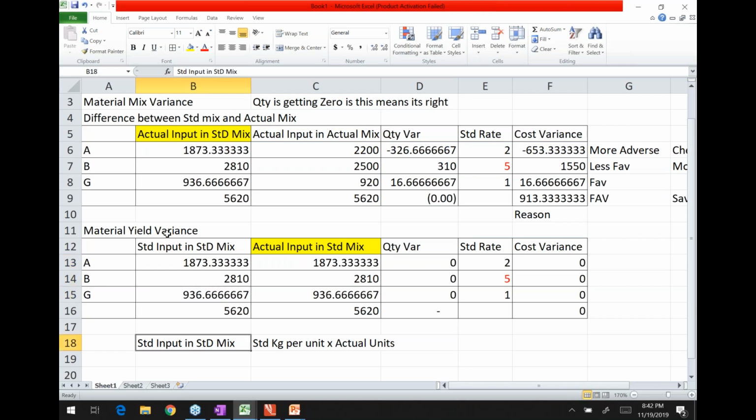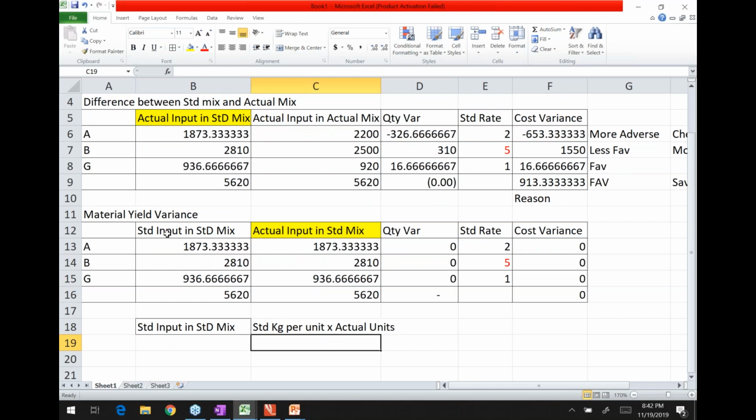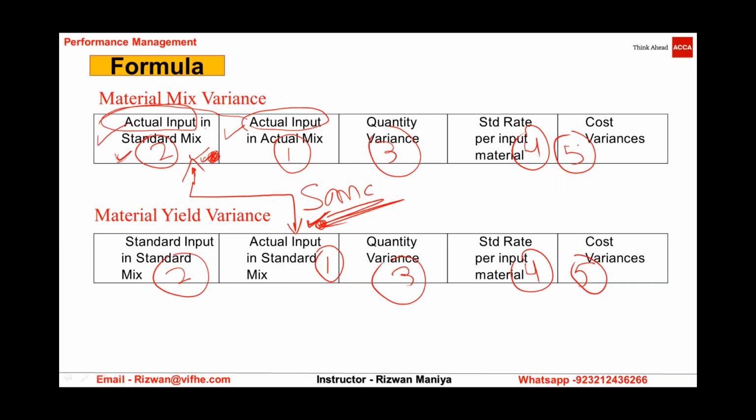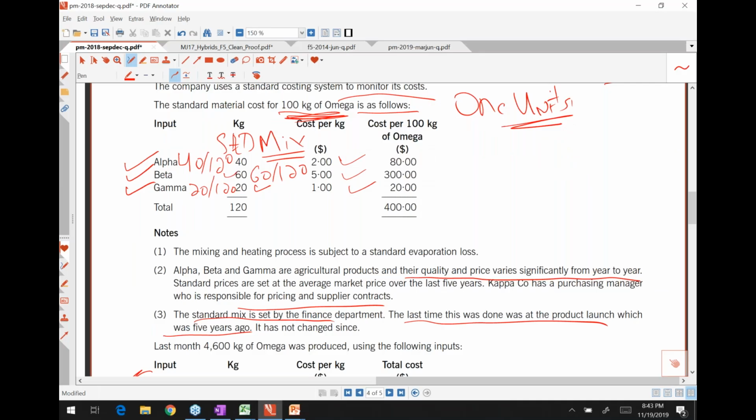Now for that I need standard kg per unit. Do I have that? Yes, I do. You can see here, let me rub these things and make this clear. These are the standard kgs per unit for alpha, beta and gamma. And the only thing I need is actual units. Right now, do I have actual units?